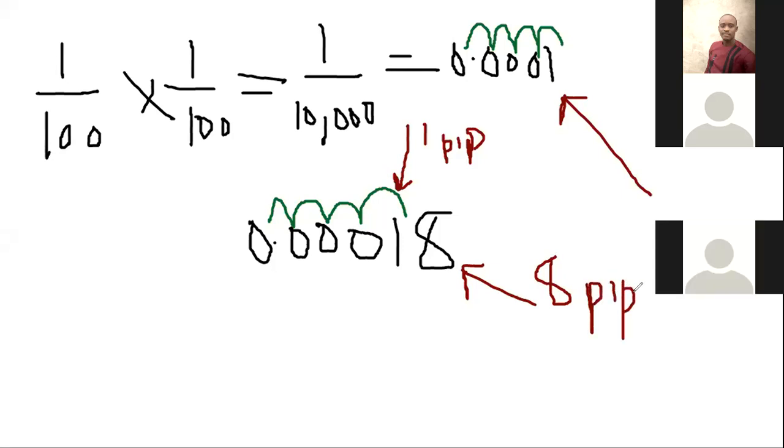So in other words, I can see this as 8 pipettes, while the previous value is 1 pip. Are you seeing this? So now, I know this is just normal mathematics. Let's now go straight into an exchange rate. Let me clear my screen.